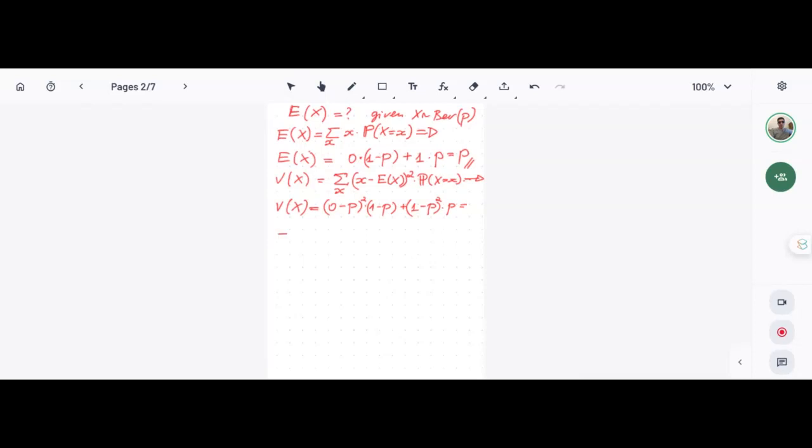So if you factor it out, you get p squared minus p cubed plus p minus p cubed.